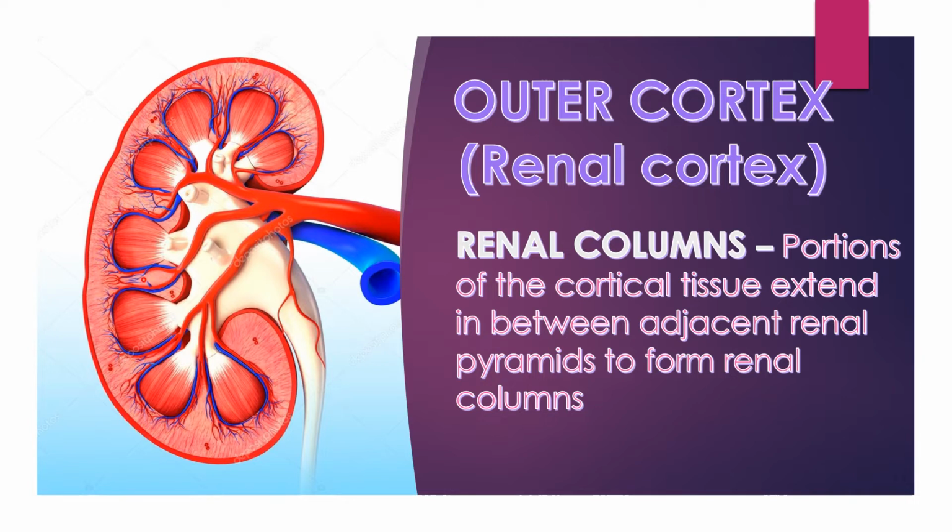That cortical tissue that extends between the renal pyramids, we call the renal columns. All of you know that a renal pyramid is a part of the inner medulla, or renal medulla.